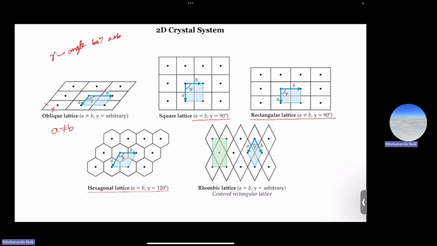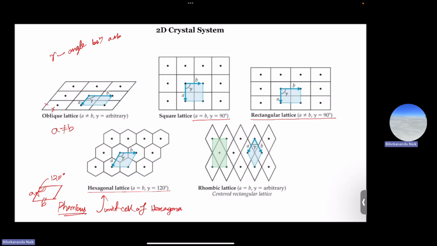And for the rhombus, A is equal to B, and the angle between A and B is 120 degrees, as we all know. So this is A, B, and both are equal. And this is the angle, it is 120 degrees. So this is the rhombus, which is the unit cell of the hexagonal lattice.